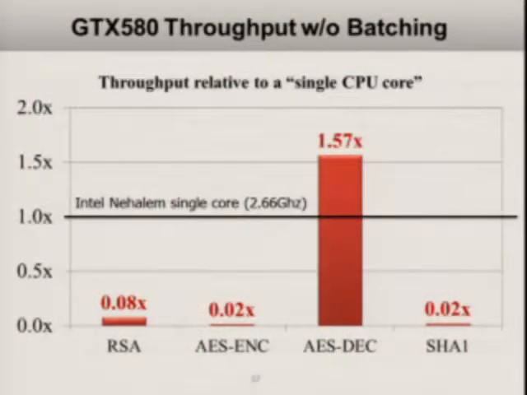To give a sense of how important batching is, here I'm showing the GPU performance without batching, meaning the GPU is processing only a single operation at each execution. The y-axis is relative performance to a single CPU core running at 2.6 gigahertz. What we observe is that performance is much worse than a CPU core, because there is not enough parallelism in the cryptographic algorithm.